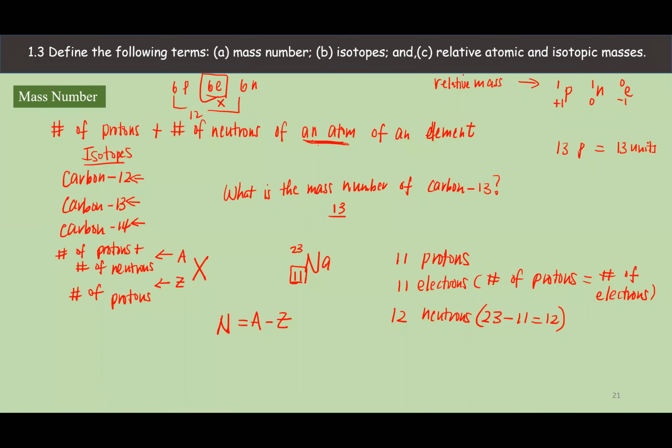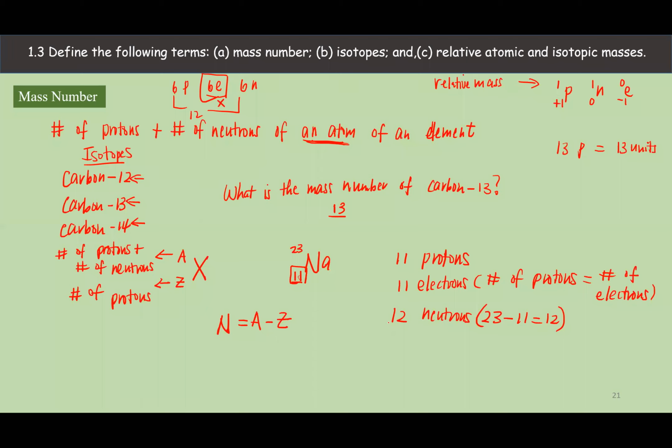Again, to recap. When you have an element and you have two numbers, the bottom number usually, or the smaller of the two, is how many protons there are in an atom of that element. So there are 11 protons because 11 is the bottom number or the smaller number. Number of protons is always equal to number of electrons, so we also have 11 electrons.